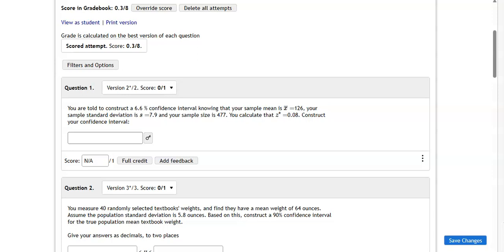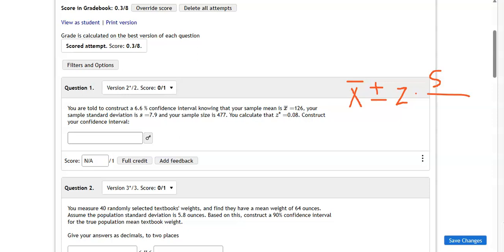Okay, so let's notice, first of all, we're going to use the formula x bar plus and minus z of alpha over 2, and I'm not going to put that alpha over 2, and s or sigma, depending on which one we're given.